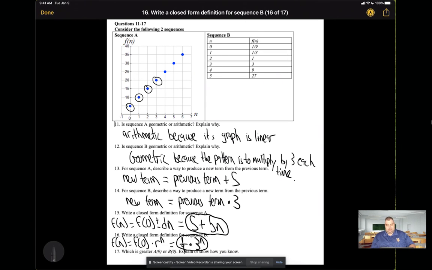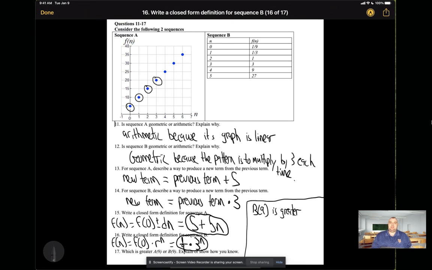Okay? So which is greater, a of 9 or b of 9? I'm going to write this answer up here so you can see it on screen. B of 9 is greater.